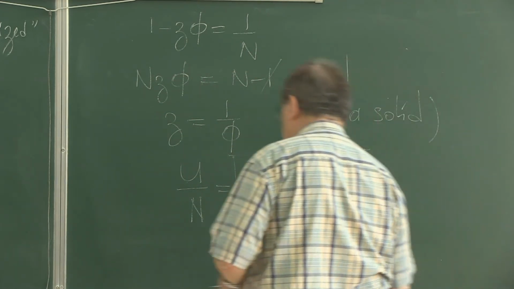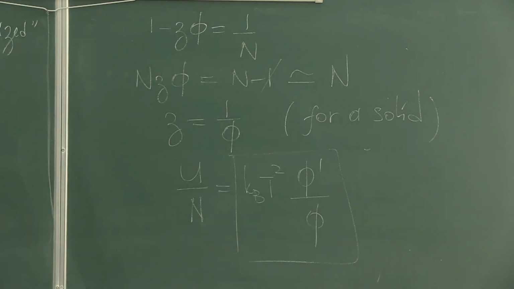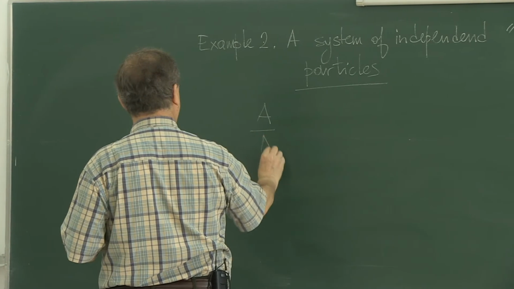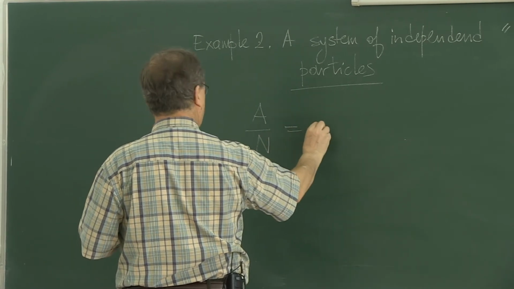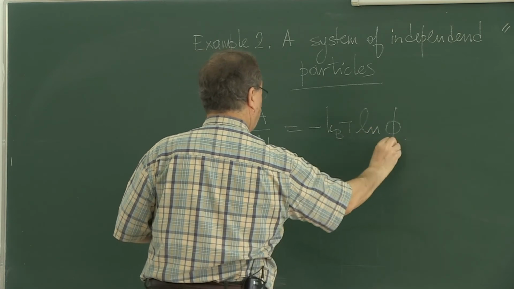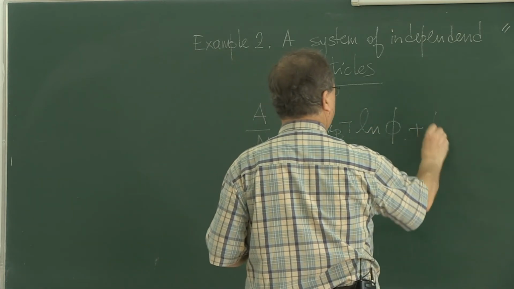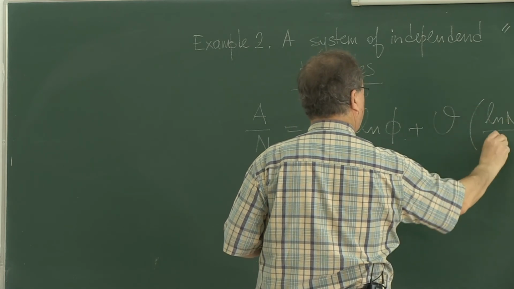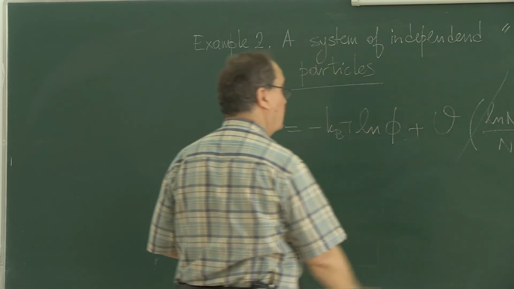Again, a similar calculation simplifies further thermodynamic quantities like Helmholtz free energy per particle, which comes out to be minus kB T ln phi plus terms of order ln n divided by n, and that is negligible.